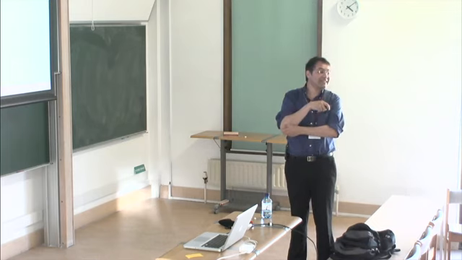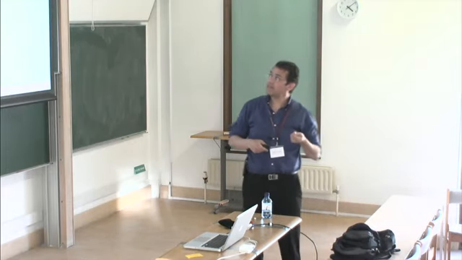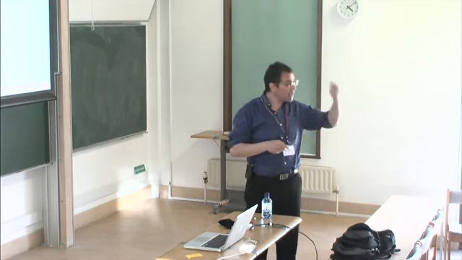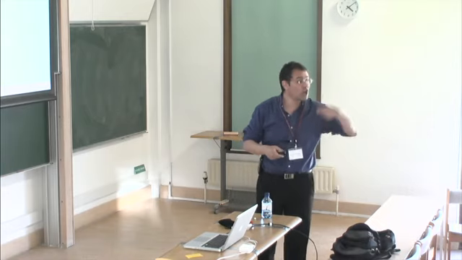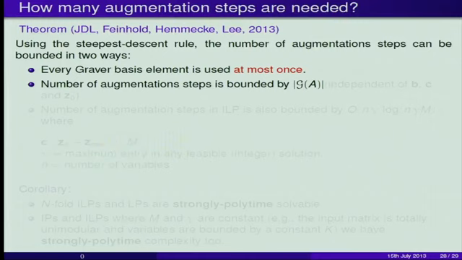It turns out that in these kinds of pivot rules, for the steepest descent, you will only use a Graver basis element one time and not reuse it again. So the number of augmentation steps is bounded by the size of the Graver basis, and this is independent of the right-hand side b, the objective function c, and the initial point that you chose. So that's really, really nice.